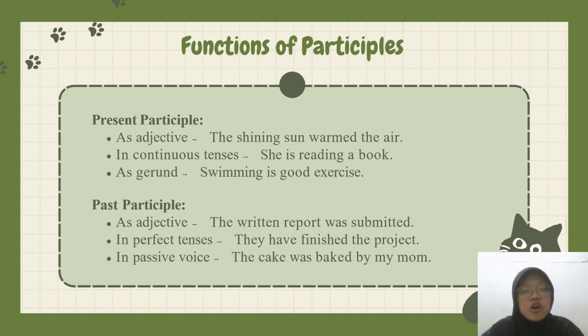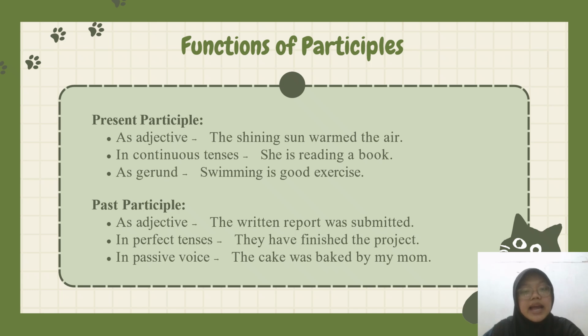When an ing form functions as a noun, it's called a gerund. So even though the form is the same as a present participle, its function is different. For our focus today we will mainly discuss participles as adjectives or part of verb tenses. Okay, we will move to the past participle.